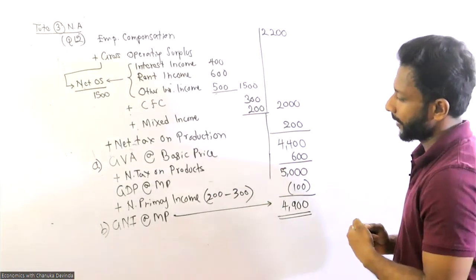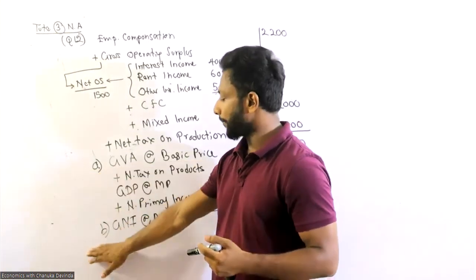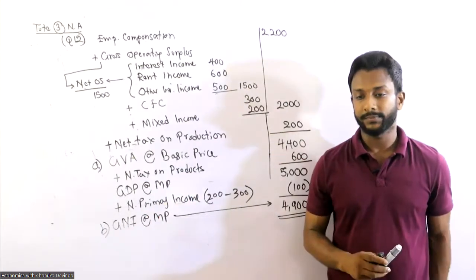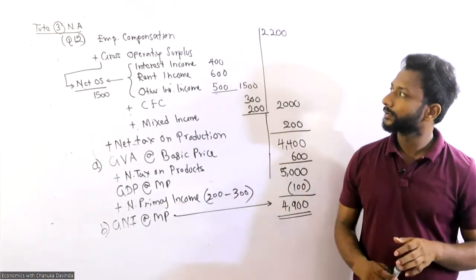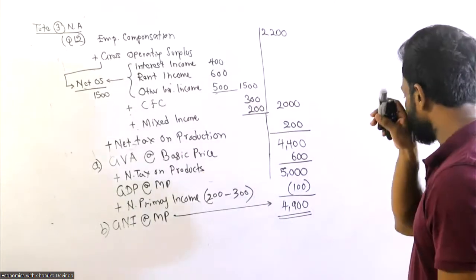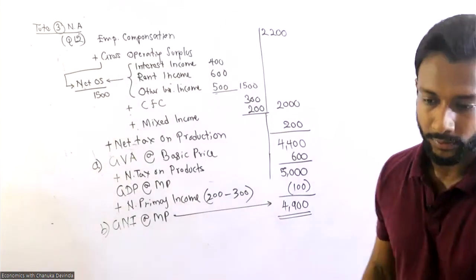So this is the answers for A, gross value added at basic price, and B, gross national income at market price. Right. Quickly write down.